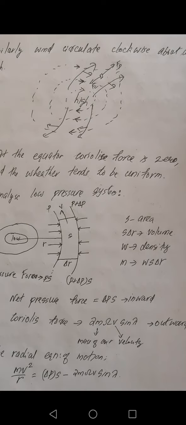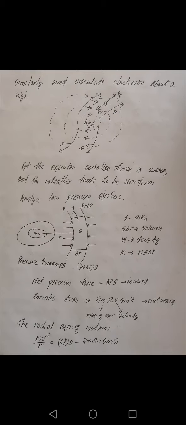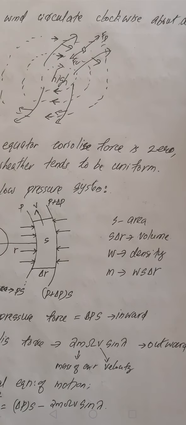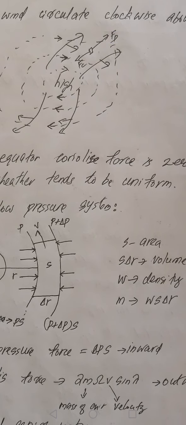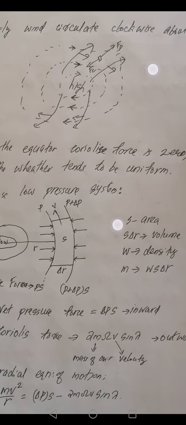The Coriolis force deflects towards the right here, and towards the left here. So effectively, the circulation of air along the isobars is in the clockwise direction. That's the difference. If the center is low, circulation is counterclockwise. If the center is high pressure, then the circulation is clockwise.